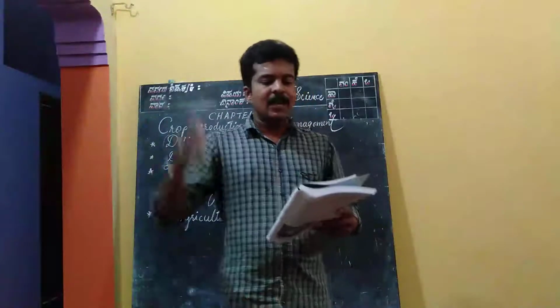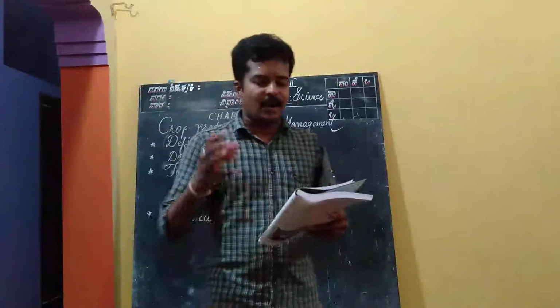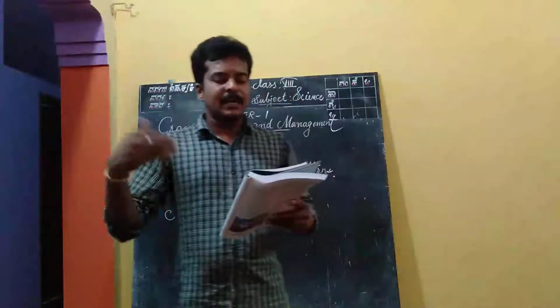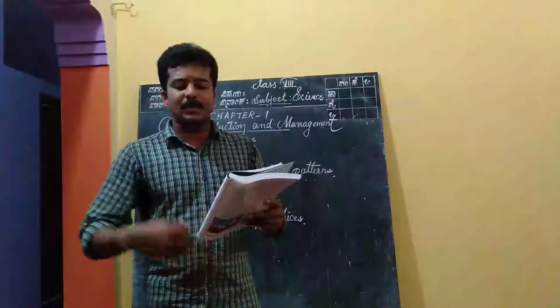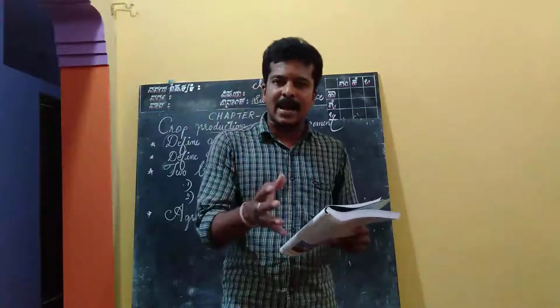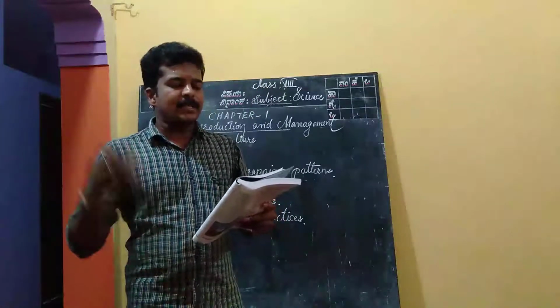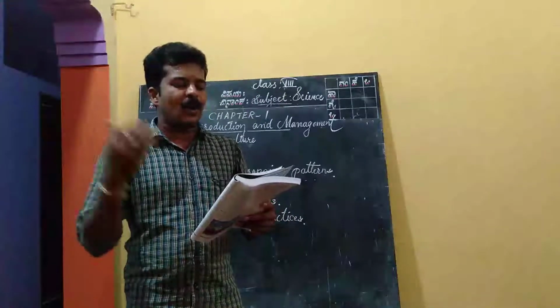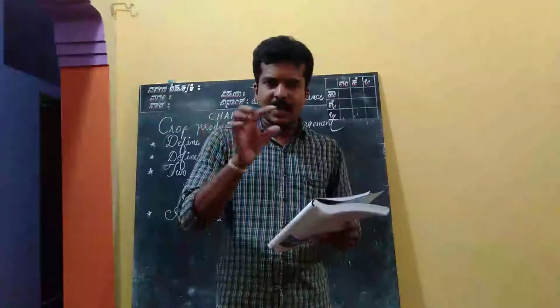The rainy season in India is generally from June to September. It starts from June and ends in September. The crops like paddy, maize, soybean, groundnut and cotton are kharif crops. Just underline, these are the kharif crops.